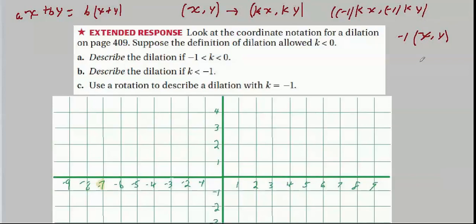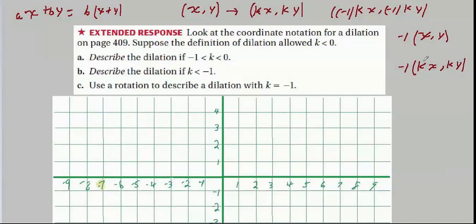If our dilation factor is negative, we could just call it negative k or minus 1 times k. So if we pull that out, then we've got minus 1 times (kx, ky), which is the same as saying (negative kx, negative ky). Well, all that means is we simply reverse the sign of what's inside here.